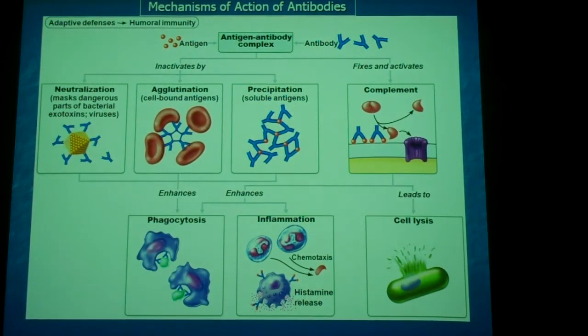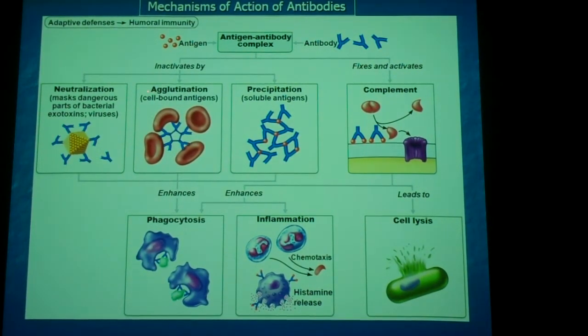So this is a pictorial review of what we just said. So here is how those antibodies work: by neutralization, agglutination, precipitation, or complement. Now, in any of these 3 ways right here, what happens? Phagocytosis and inflammation.